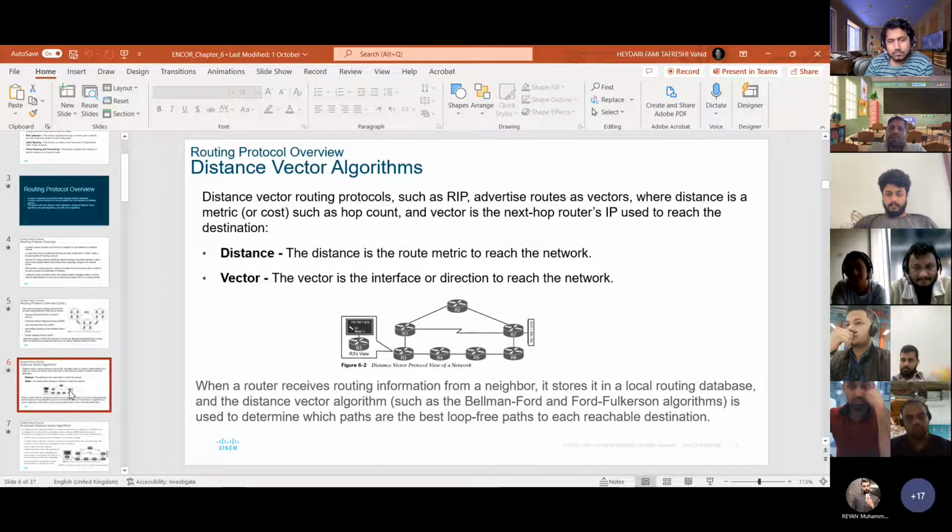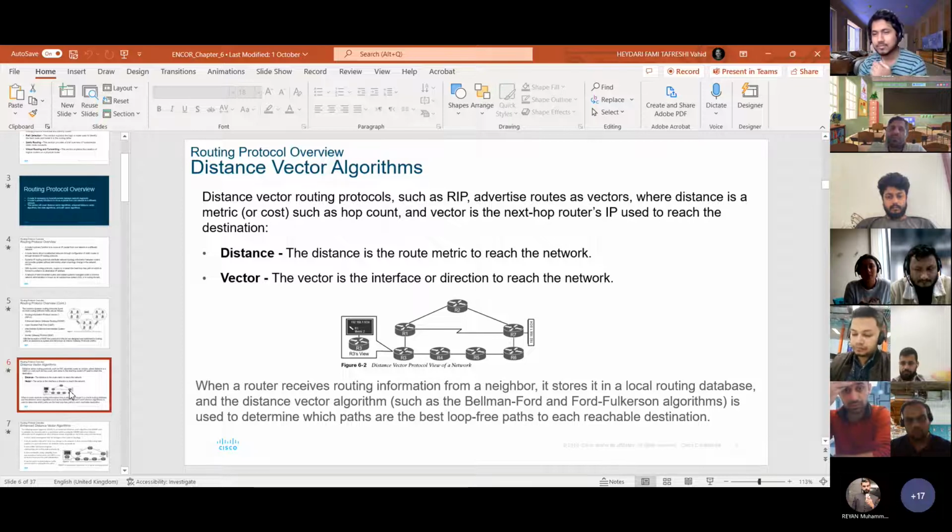It operates based on hop count, the number of hops to get to the destination. So hop count is the metric, or the cost, or the distance for any RIP router to calculate how costly it is to get to that subnet in a remote network. And the vector is the next hop router for the current router through which we can get to that remote network. So this is what we mean by distance vector.